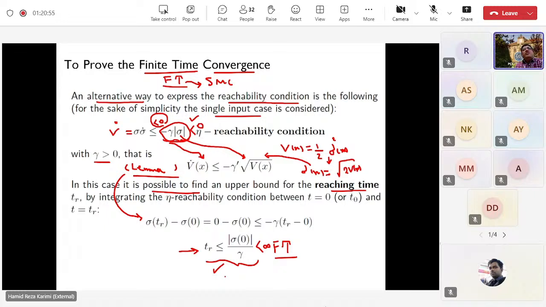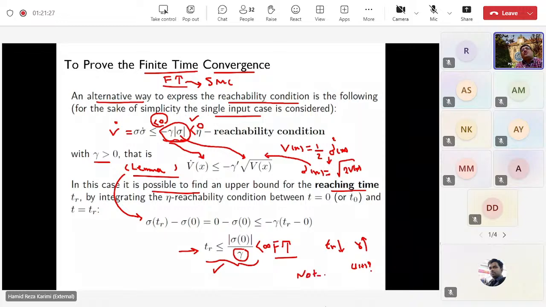Of course, it depends on your gamma. If you change the gamma, you can also change the TR. For example, if you want to decrease the TR, then the gamma should increase. But you need to pay attention that if the gamma increases, you need to see what the control is, because the control signal should not be saturated.